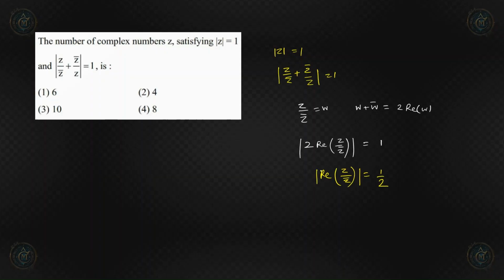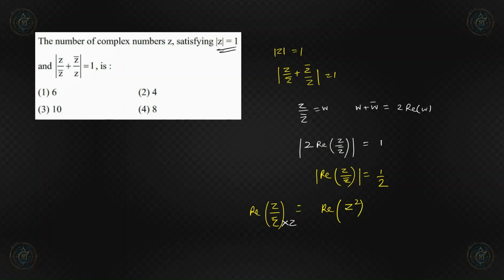So let us calculate this real part of z by z bar. If we multiply both numerator and denominator by z, then the denominator will be z bar z, which is mod z whole square, and mod z is given to be equal to 1. So this denominator will vanish. That means we can write this as the real part of z square.